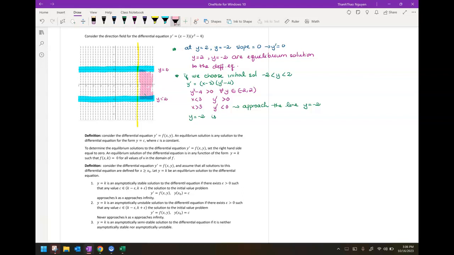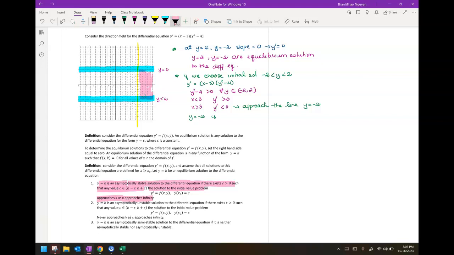So here is the definition. y equals k is an asymptotically stable solution to the differential equation if there is an epsilon greater than 0 such that for any value of c in this interval, the solution of the initial value problem approaches k as x approaches infinity.